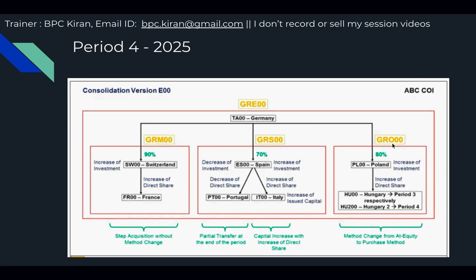Whenever we are running consolidation for any scenario, first we will run for GRO 00, then we are going to run for GRE 00. Both the groups we are going to run. But you have to include the consolidation units. Let's say in GRE 0, I have to include all the consolidation units below in that group, and GR 00, there is a piece of the GR 00, right, to capture all the investments.